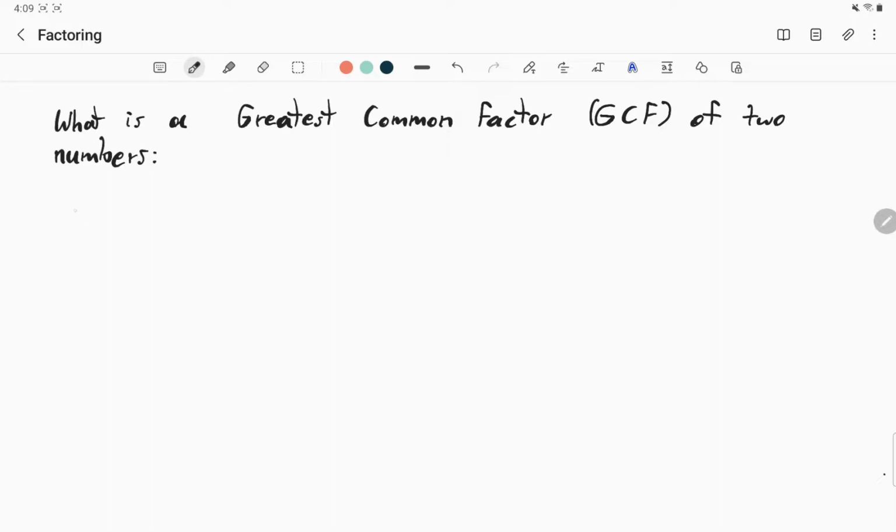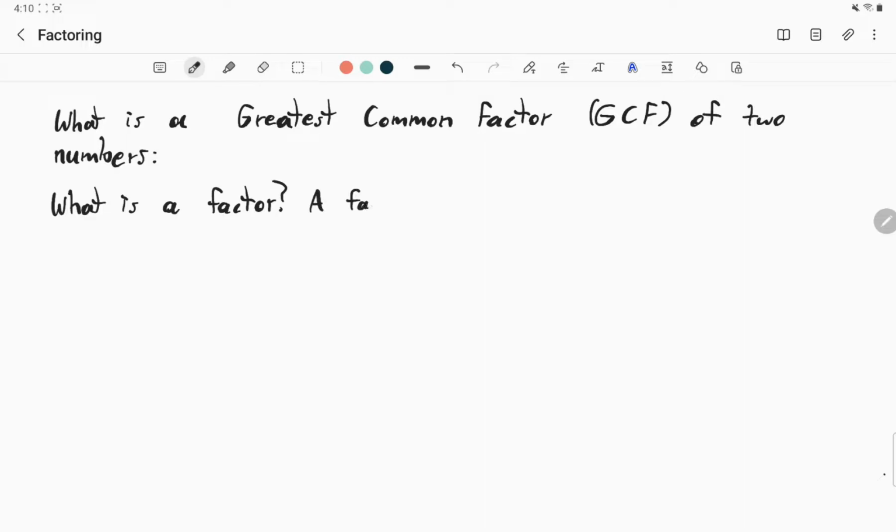Well, before we can talk about what is the greatest common factor, we have to answer the question, what is a factor in general? What is a factor? This isn't the formal definition. If you Google it, it'll probably come up as something different. I can use my own words here. But what is a factor?